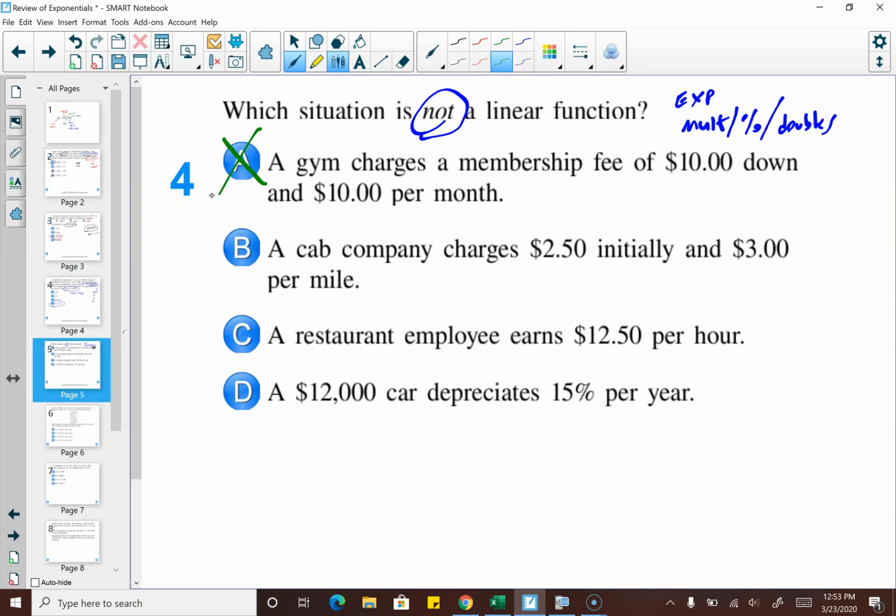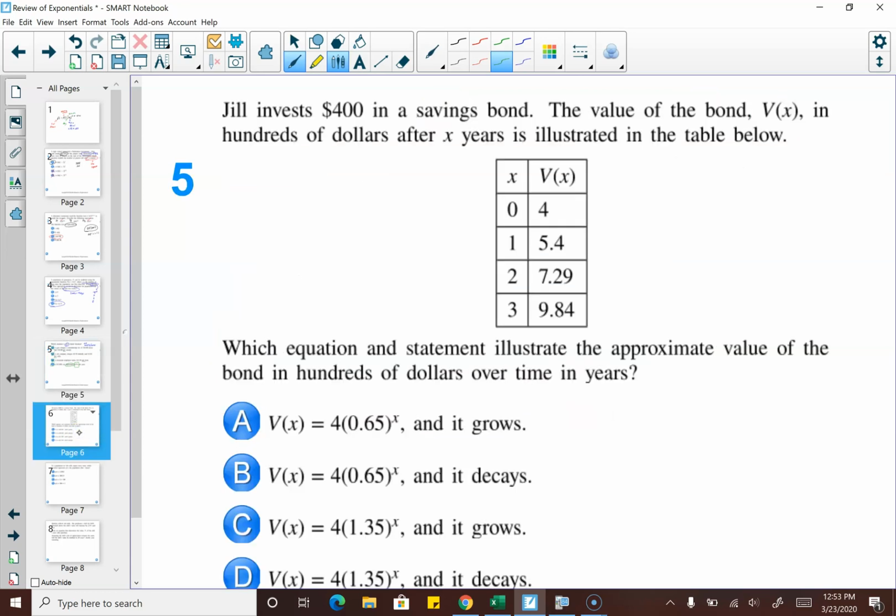A cable company charges $2.50 initially and 3 cents per mile. Nope, linear. A restaurant employee earns $12.50 per hour. Again, linear. And then a car depreciates. Depreciates is usually a pretty good giveaway that it's going to be exponential, but also the key right there is a percent. When we start talking about percents, that's when we get into our nonlinear or exponential functions.